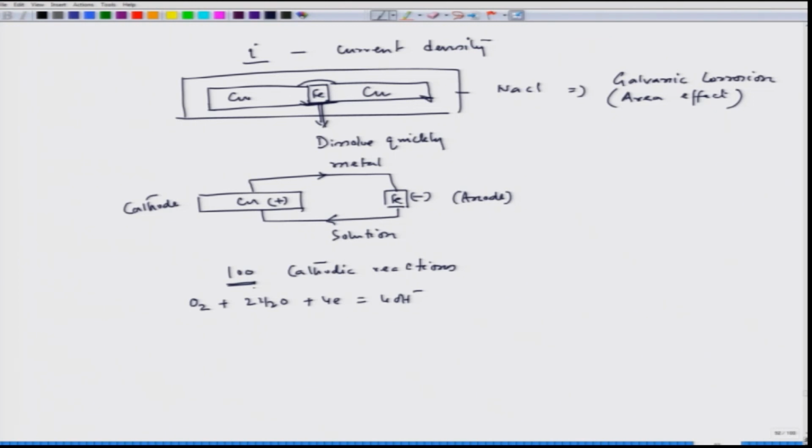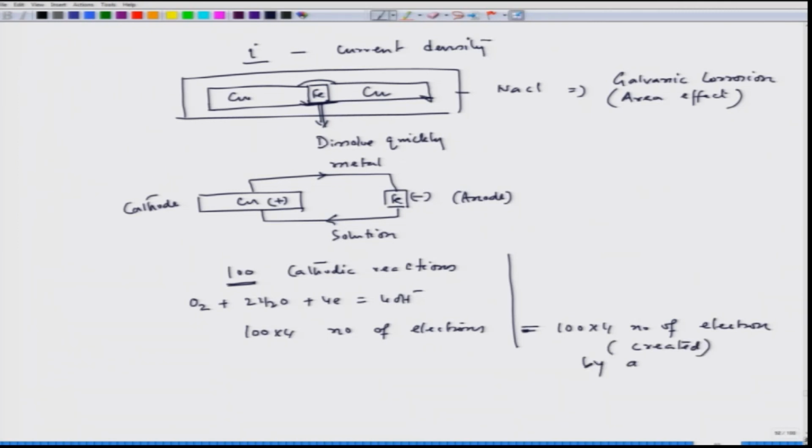To meet this number of cathodic reactions, we need 100 into 4 electrons. Similarly, on the anodic side, we have to supply this total number of electrons.